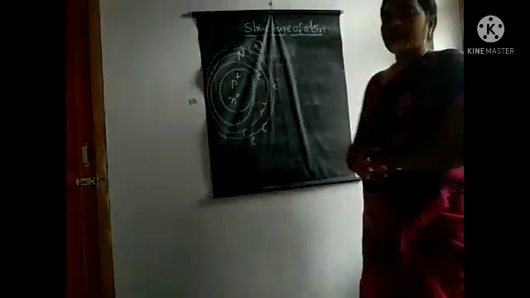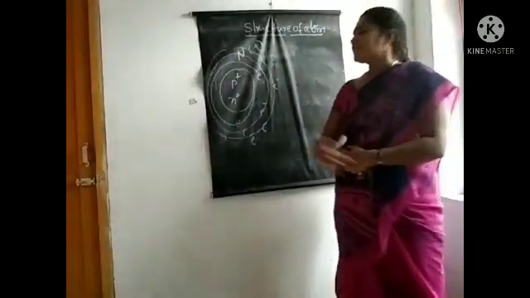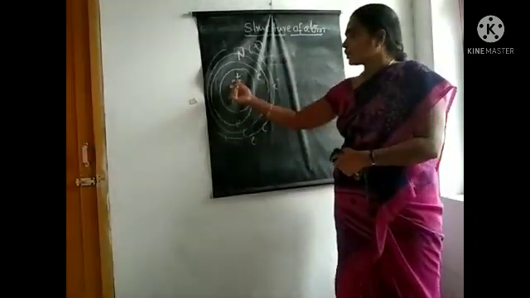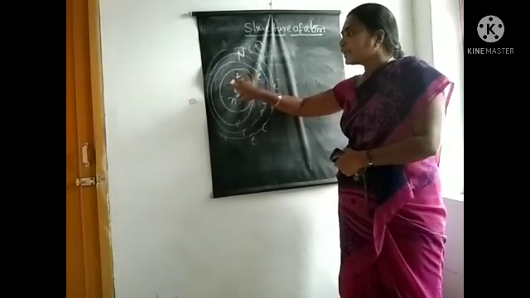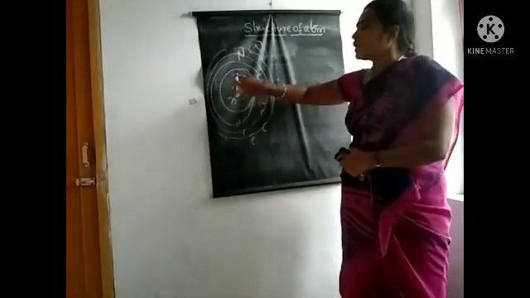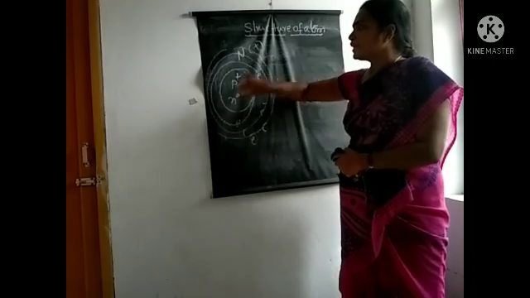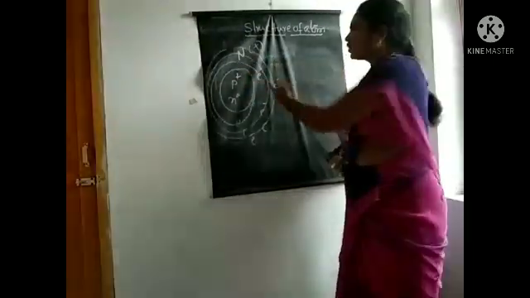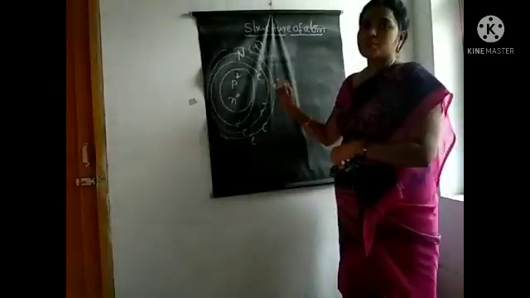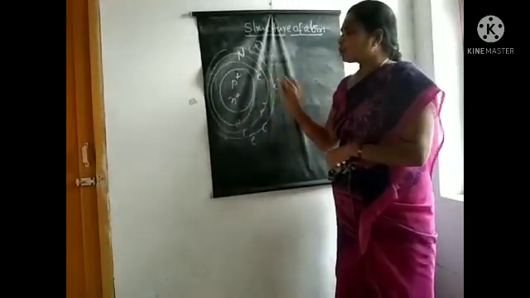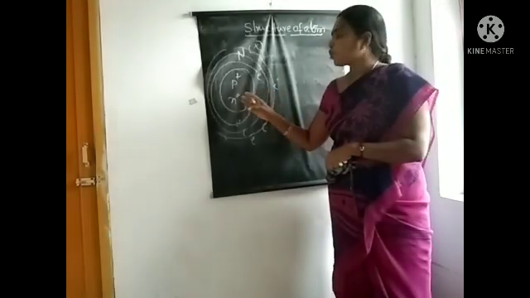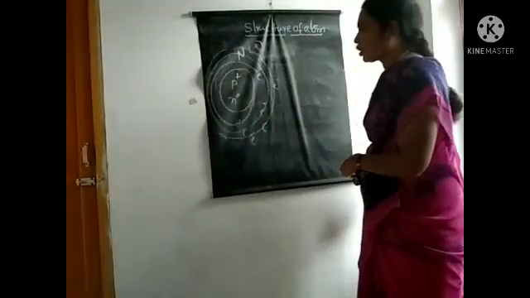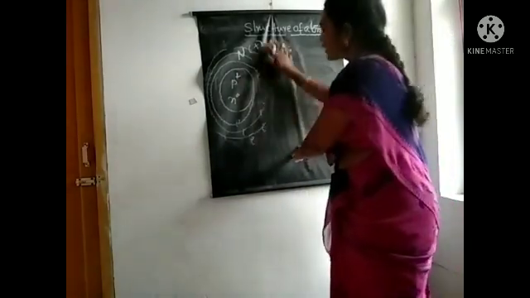The mass of an atom mainly depends on the center of the atom, because protons and neutrons are contained in the nucleus. The electron mass is negligible when compared to proton and neutron. The mass of a proton and neutron is 2000 times heavier than the electron. Okay, children.